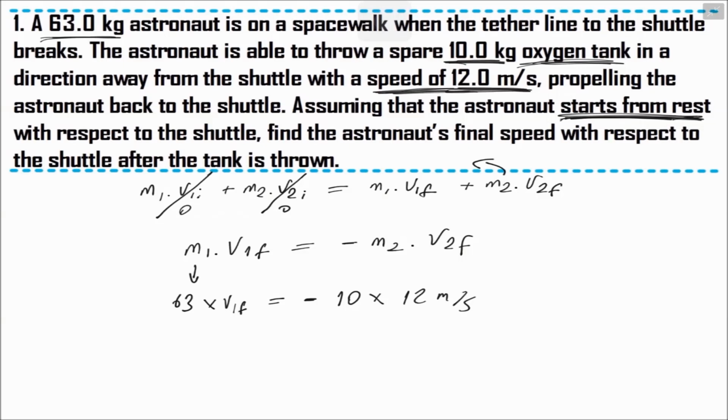So v1 final, the final velocity of the astronaut, will be 1.9 meters per second toward the shuttle.